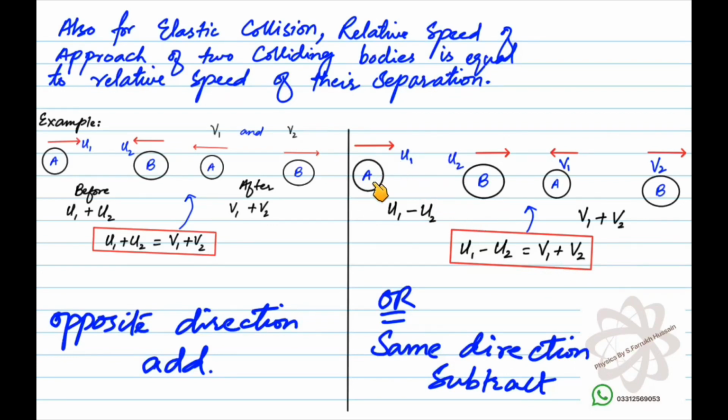In this case, u1 should be greater than u2, which means u1 should be 10 meters per second and u2 should be 6 meters per second, so that the objects collide, and the relative speed of approach is 4 meters per second. We can give more examples when we are solving questions.